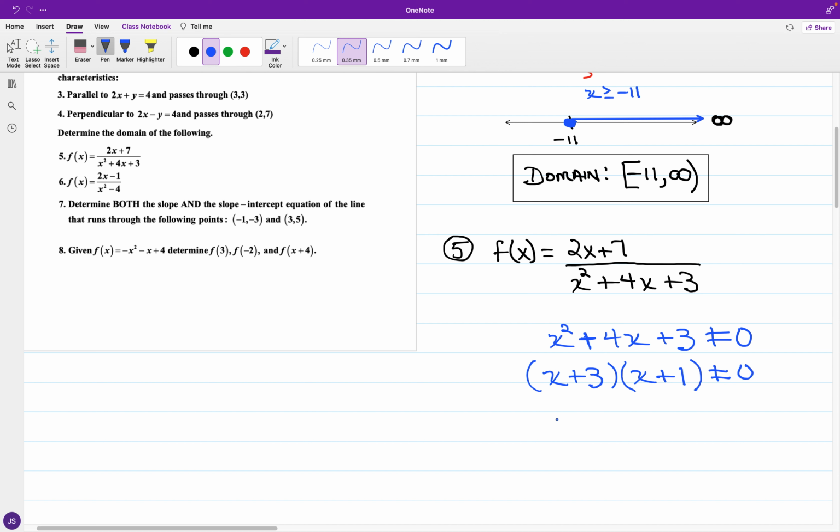The product cannot be 0, and so neither can the expressions. So if x plus 3 cannot be 0, then x cannot be negative 3, and if x plus 1 cannot be 0, then x cannot be negative 1.